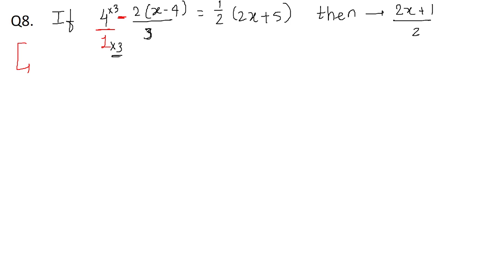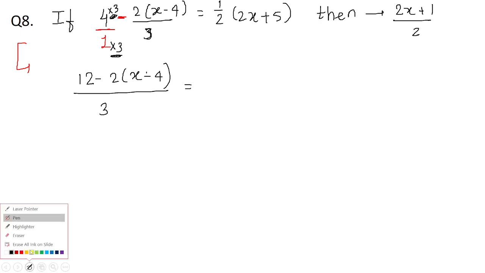So I have multiplied the denominator with 3, so I'll multiply the numerator also with 3. I'll get 12 minus 2 into (x minus 4) upon 3. Just keep it as it is; I have just told you the step.